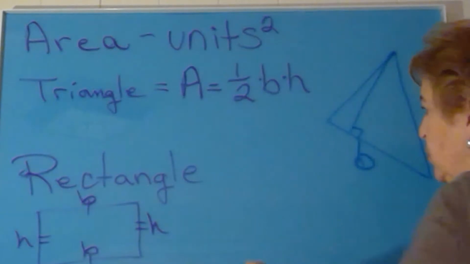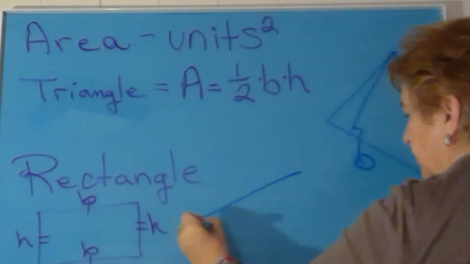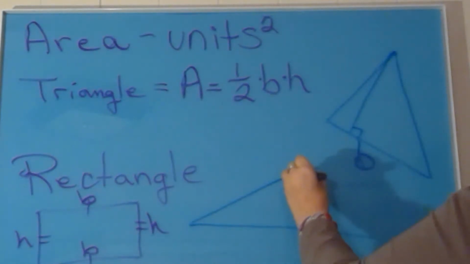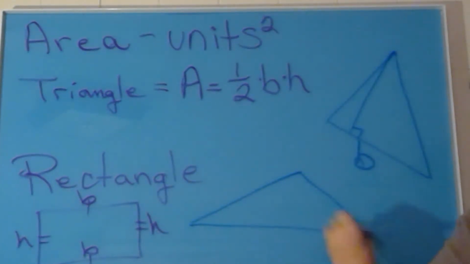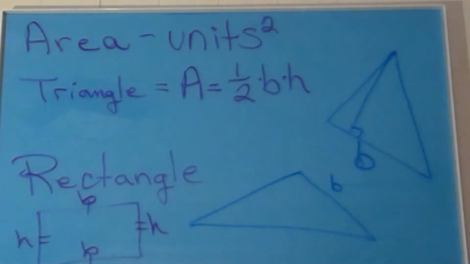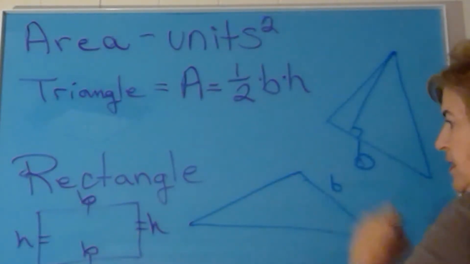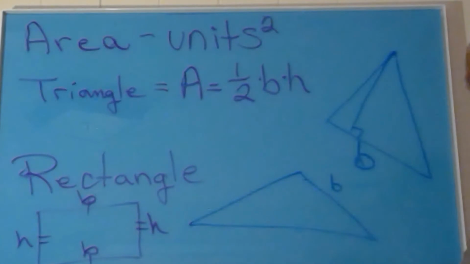If I had a triangle that looked like this, and this was my base, I need to find a segment that goes from this vertex and is perpendicular to that side.